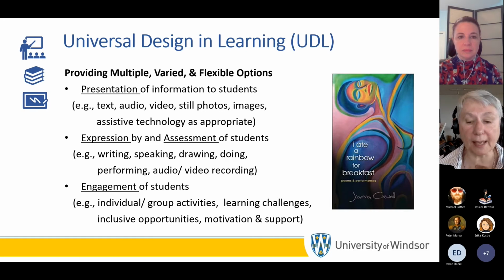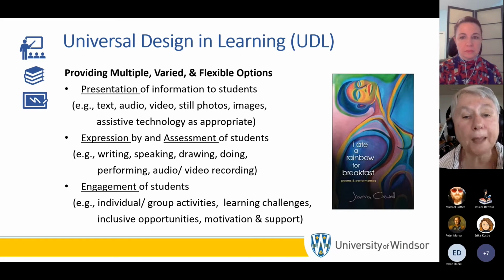We're used to using text, certainly textbooks, but there are other things to use like audio, video, photographs, images, and all sorts of technology. So the presentation is not one specific thing; we need to think of variety. The second thing is expression by the students and assessment of the students. We need to consider offering flexible ways that students can design what they're best in. We'll go over this a little later, but we give them opportunities.